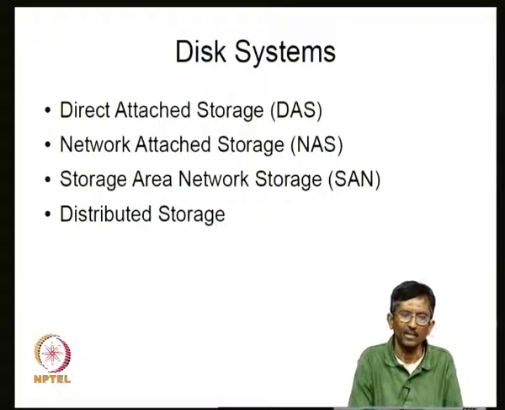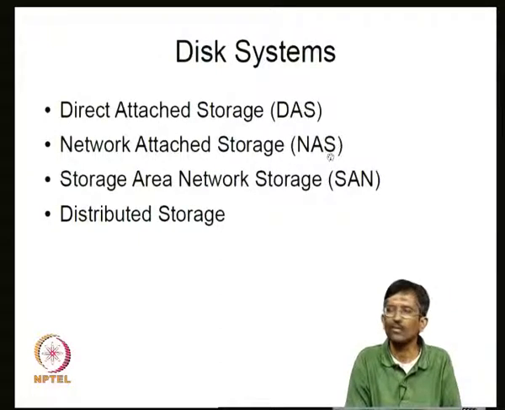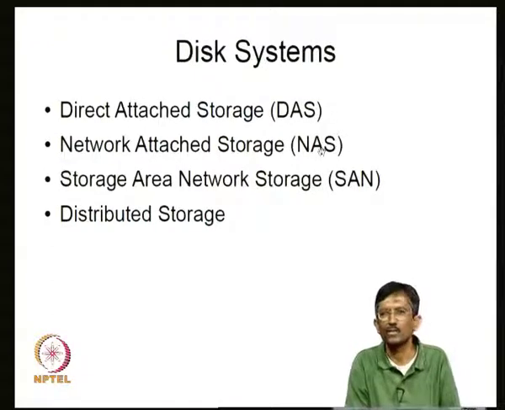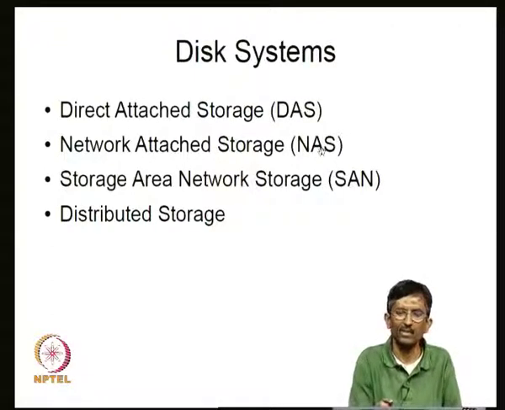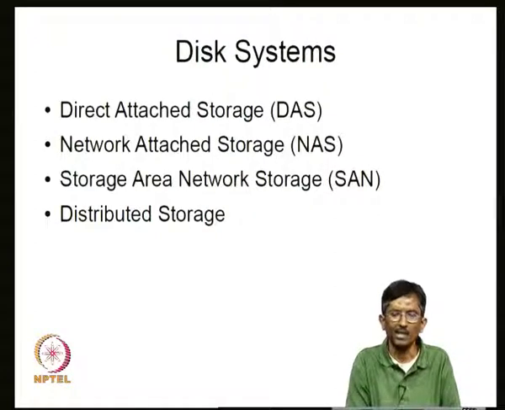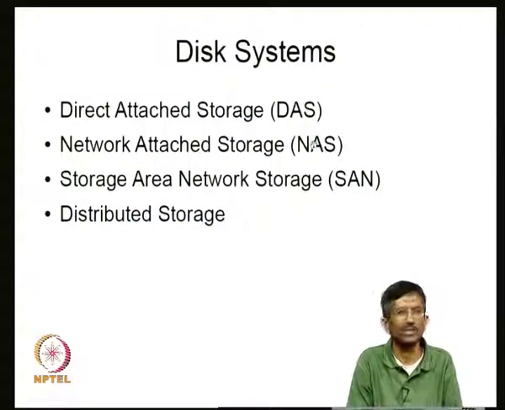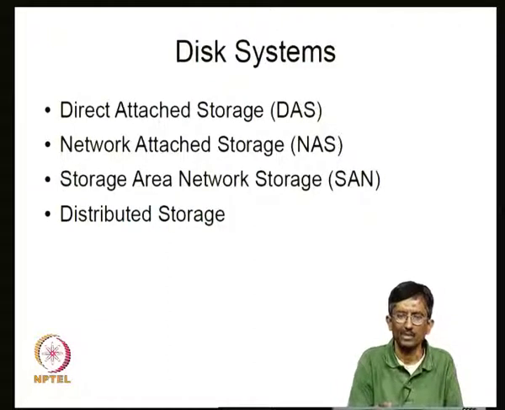You can also have what is network attached storage, what is called NAS. This is the one which uses what is called a file protocol. What does a file protocol mean? It means that the CPU or the processing side knows about file names and it asks the NAS system, saying that please give me this particular file, etc. So, the protocol is at a file level.